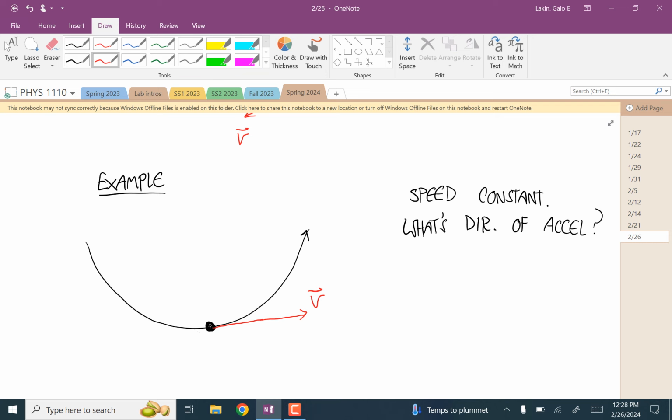If we fit a circle to this, it would be this way, right? And so the perpendicular part of the acceleration has to be toward the center of the circle, so it's this way. It has to be perpendicular to V, that has to be a 90-degree angle.